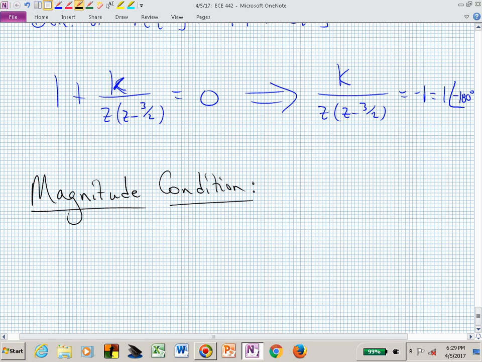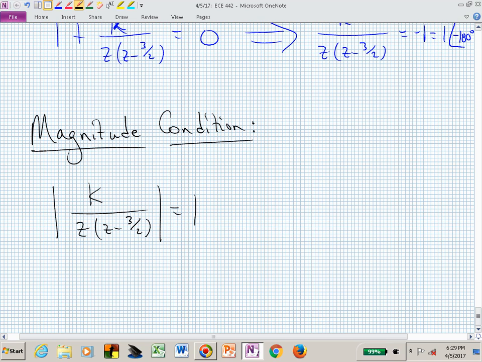We know the magnitude of that has to equal 1 on the root locus, to give us our closed loop poles. So we're now saying the magnitude of K over z, z minus 3/2 equals 1. Is that clear?